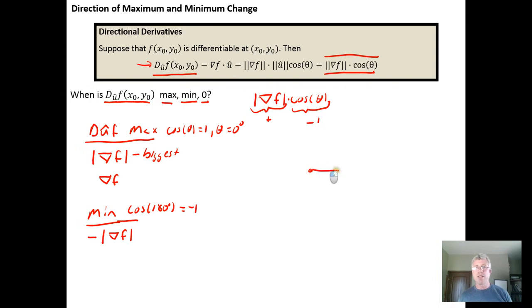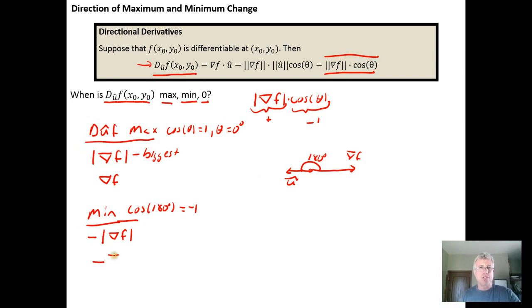So when the gradient vector, grad f, makes a 180 degree angle with u hat, we have the smallest possible value of the directional derivative. That means that we have to be facing the opposite direction of the gradient vector.